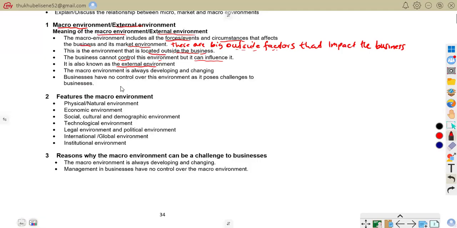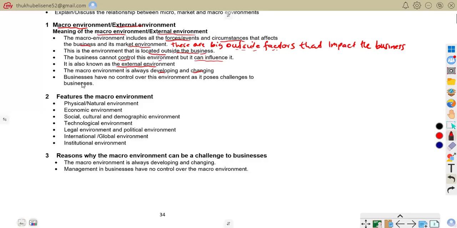The macro environment is always developing and changing. These outside factors change often. For example, new technology appears frequently.